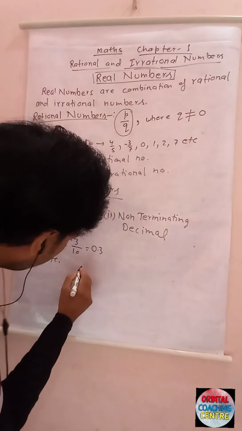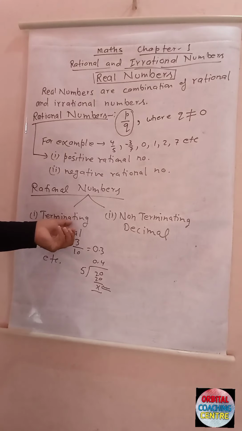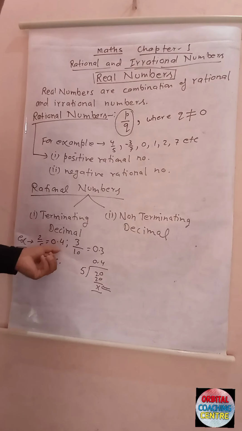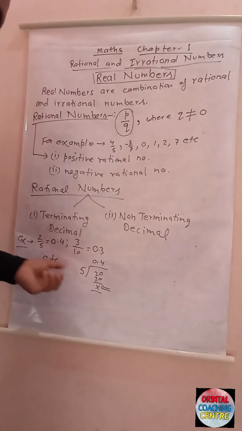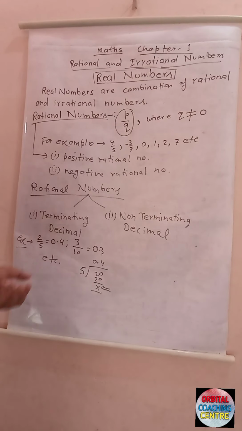It terminates when the remainder is 0 after dividing, after the decimal point. When the remainder is 0, you can say it is a terminating decimal. So 0.4, 0.3, these are called terminating decimals.